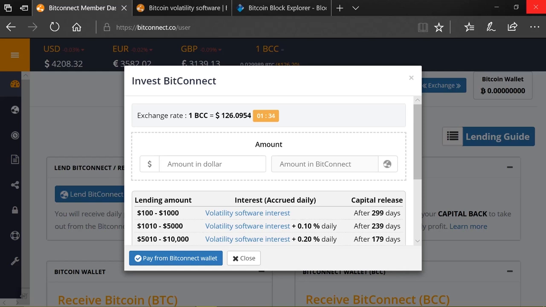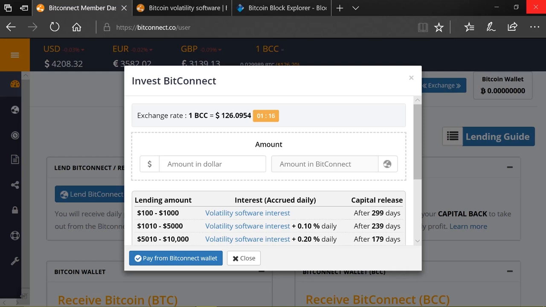Now there's different areas where there's a capital release. If you invest $100, that will go into the Bitconnect system as Bitconnect coins for 299 days, and that is your principal.